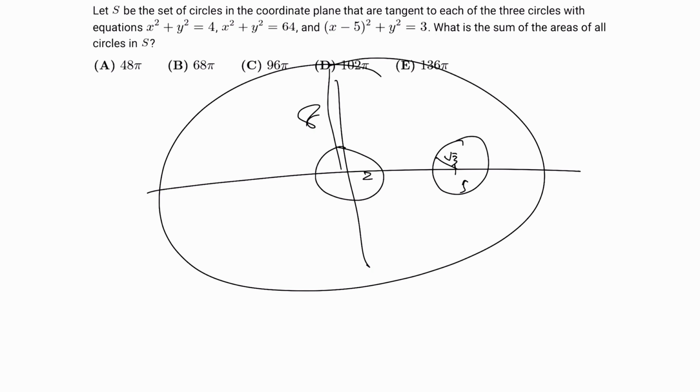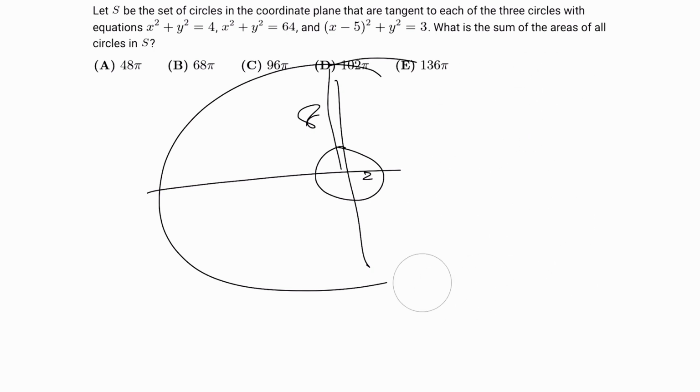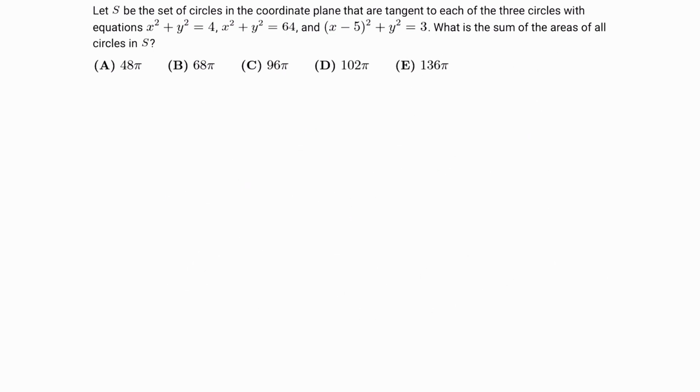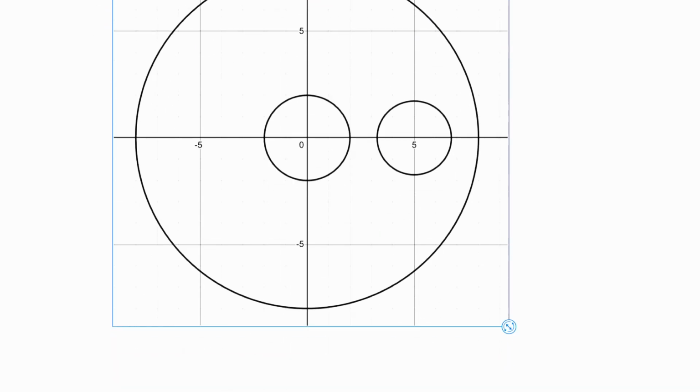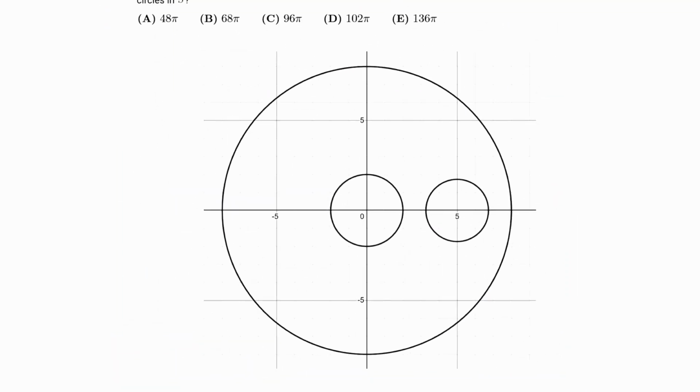Of course, this is a very bad drawing, but I have prepared a more accurate drawing over here so we can work with that.